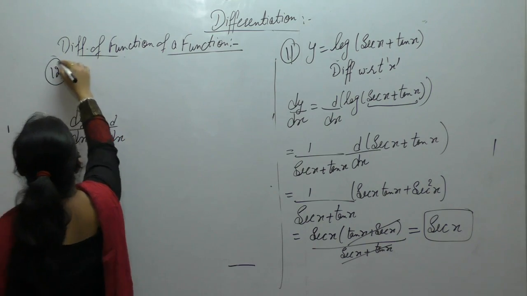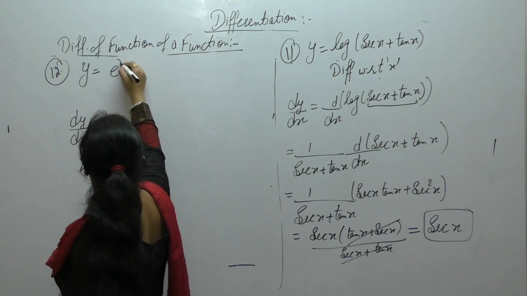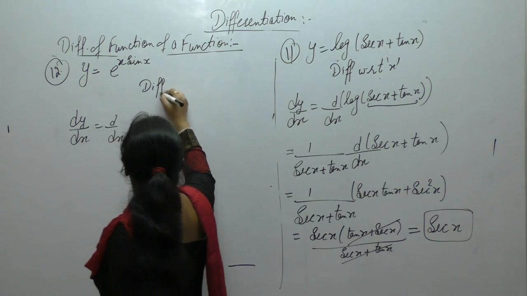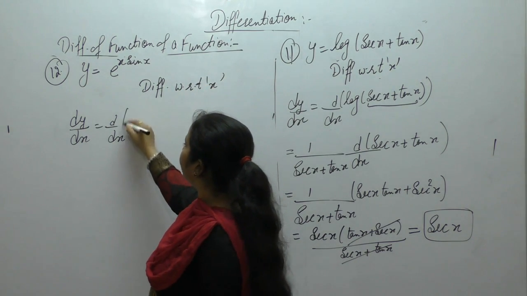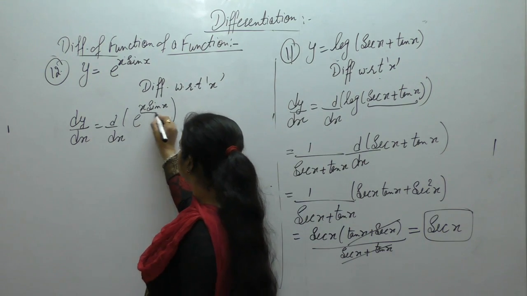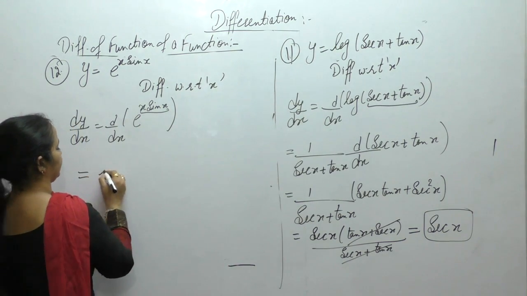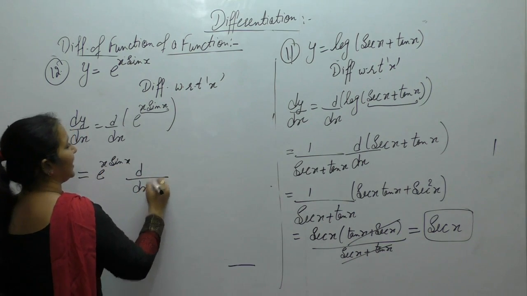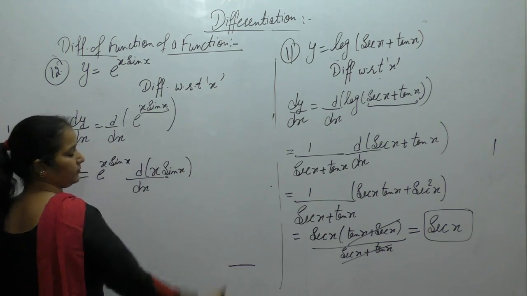Next is y is equal to e power x sin x. Differentiate with respect to x. Derivative of e x sin x. Let this whole term be x. Derivative of e x is e x. Now instead of x we have this term, so we will have to take the derivative of this.